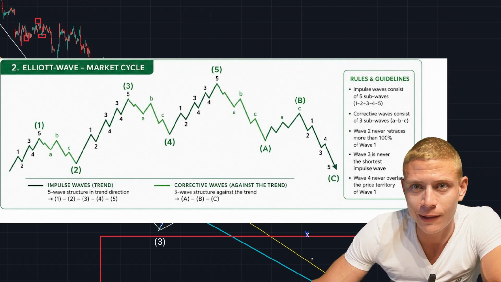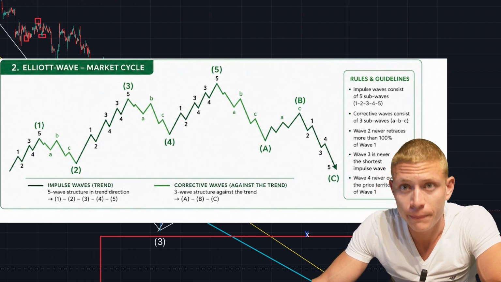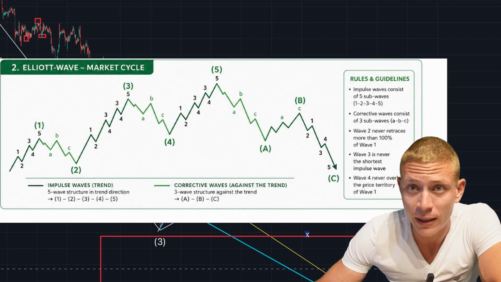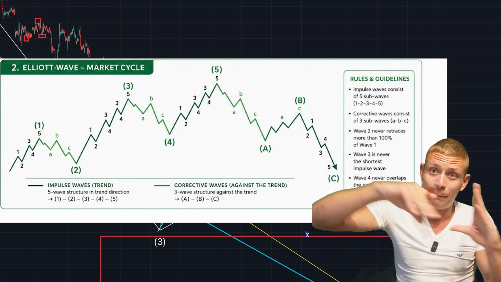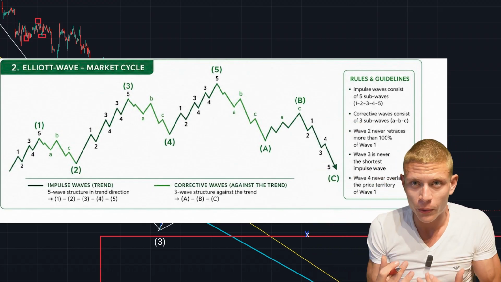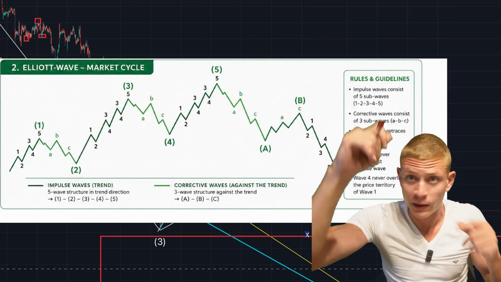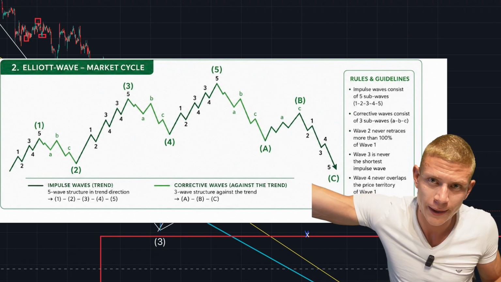It's basically displayed in the graph that I'm showing you: it's going up in an impulsive way and going down in a corrective way. And since these impulses to the upside are longer and stronger, moving up price-wise more than a correction could move to the downside, the overall trend is up.